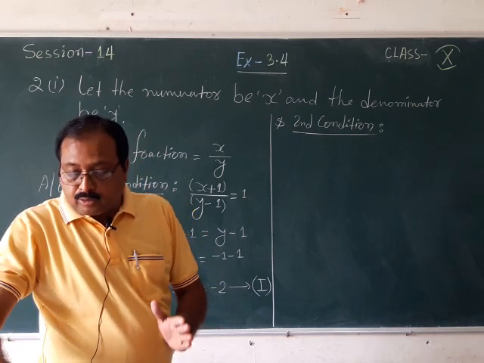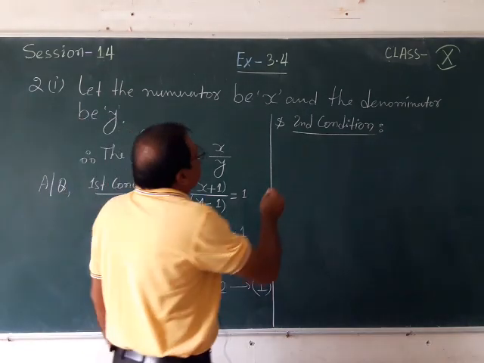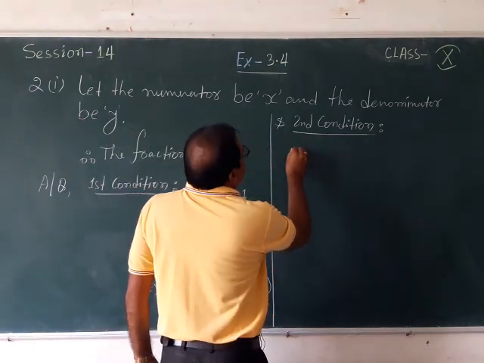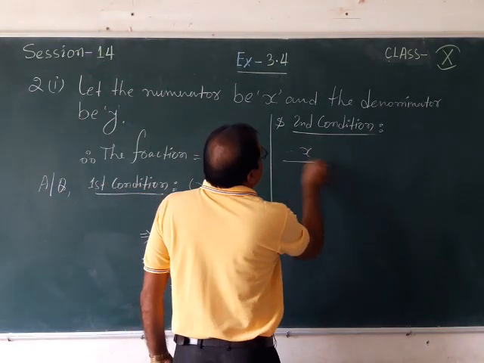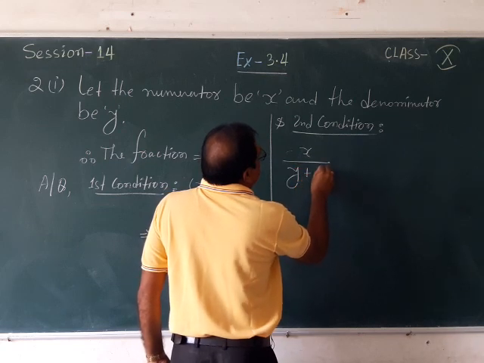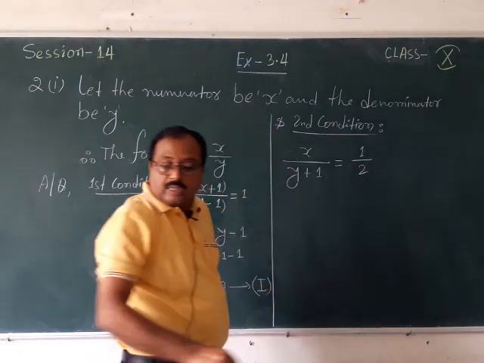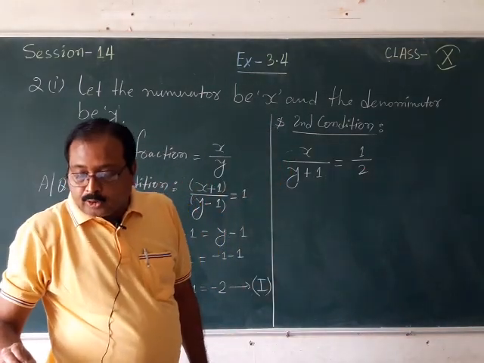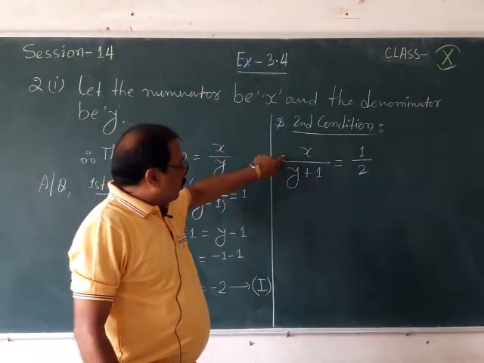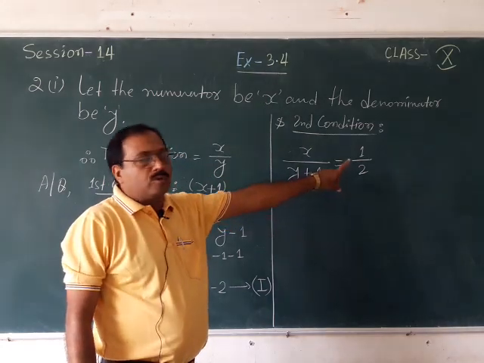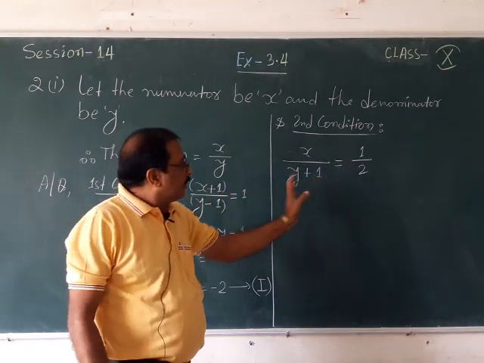That means the numerator is x and you are adding 1 to the denominator, the fraction becomes 1 by 2. So x upon y plus 1 equal to 1 by 2, this is the second condition.